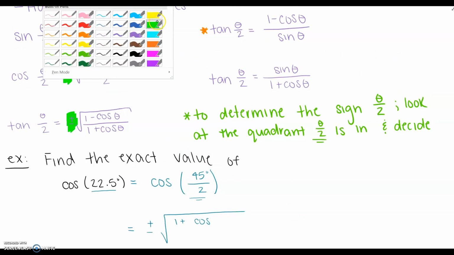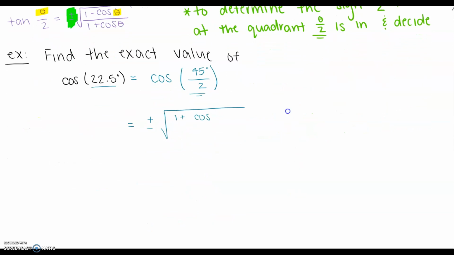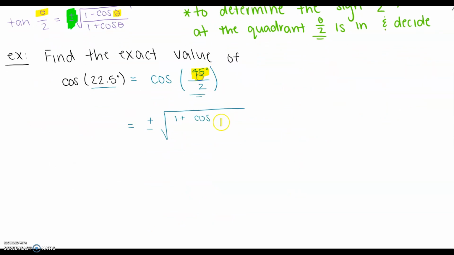Okay, going back up. This theta is only here. Notice it's not theta over 2. So 45 is what's going to go right here, all divided by 2.